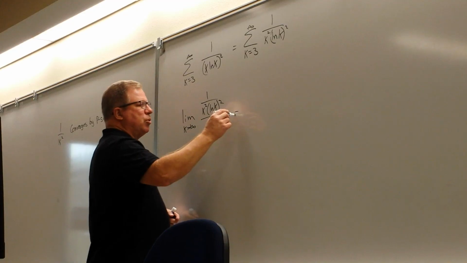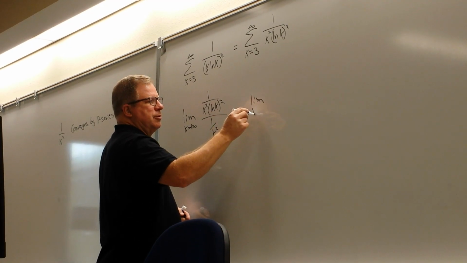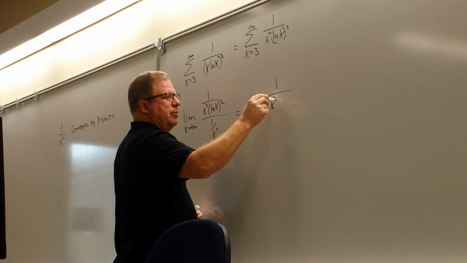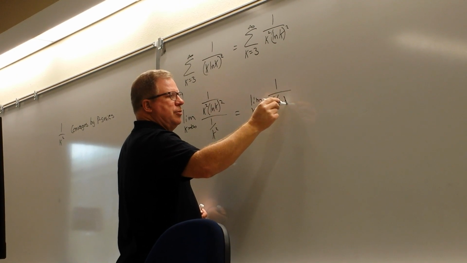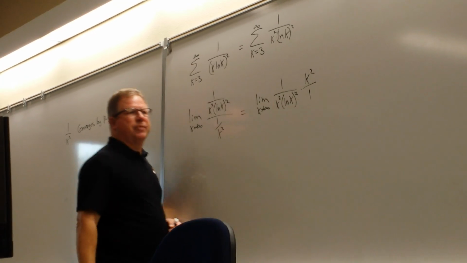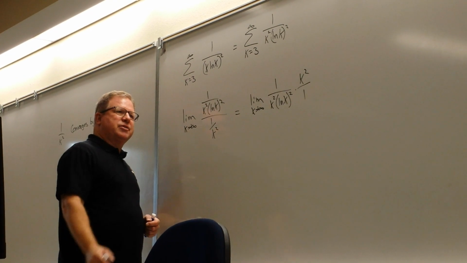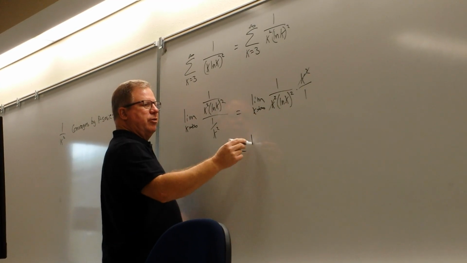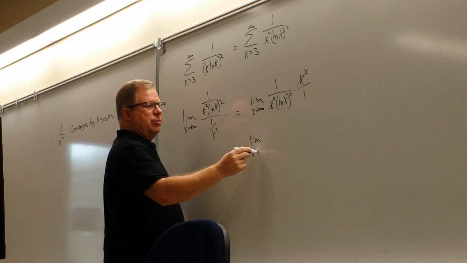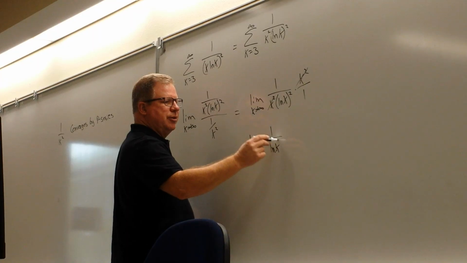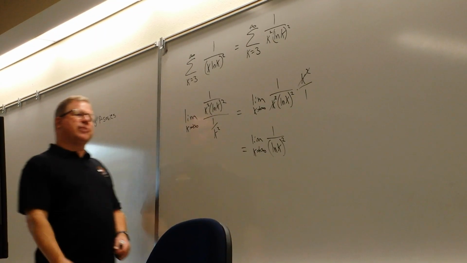Multiply by the reciprocal, and these K squareds cancel out. And we have our limit as K goes to infinity of 1 over ln K squared.